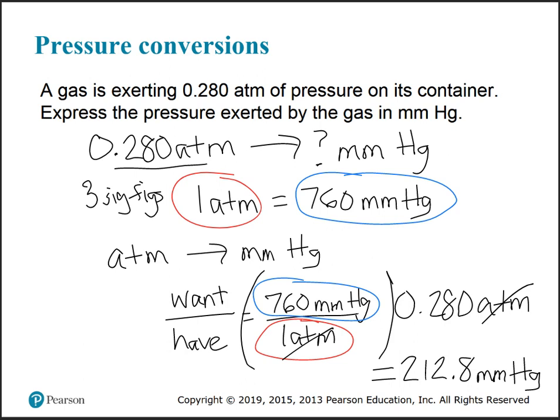So we're going to report it as 213 millimeters of mercury. That's how simple it is. You go to that chart, you figure out one atmosphere or whatever it is that you're equating is equal to whatever. You make your conversion factor and do your multiplication. Questions on that? If you're good, you can raise your hand.